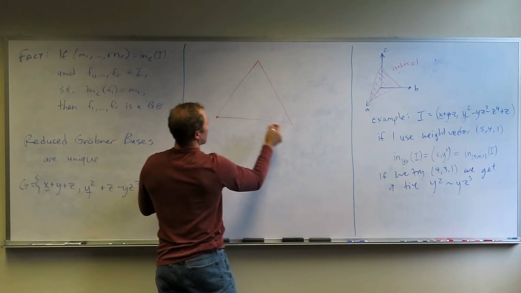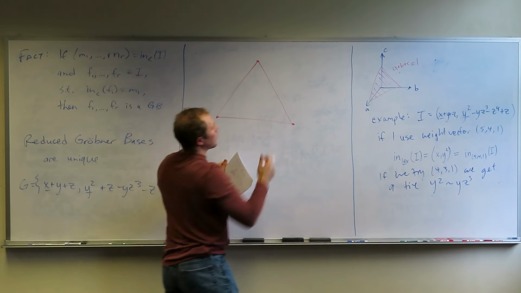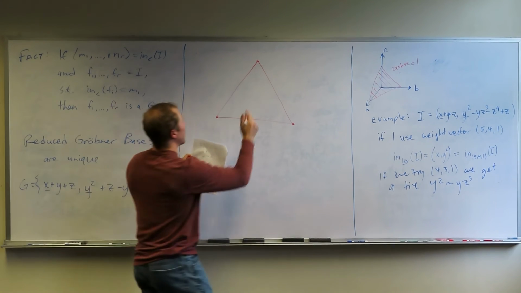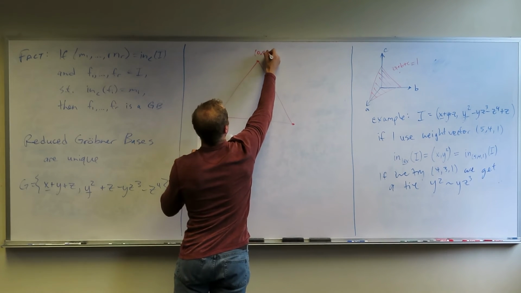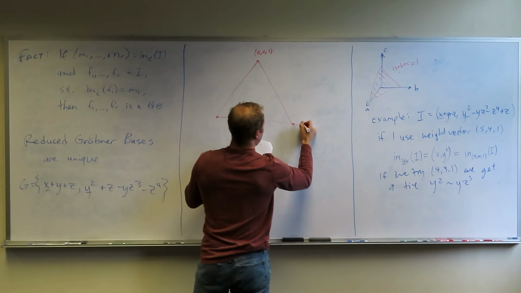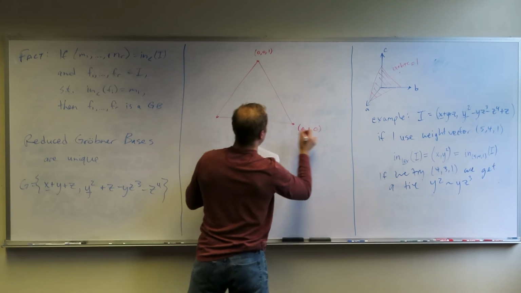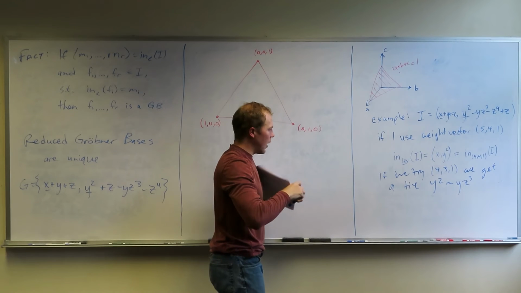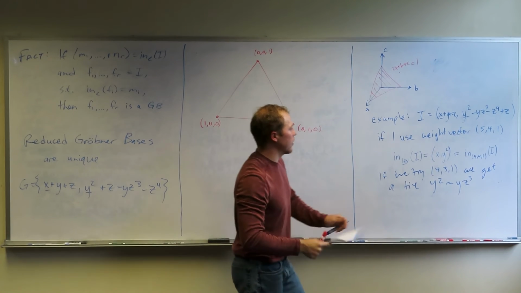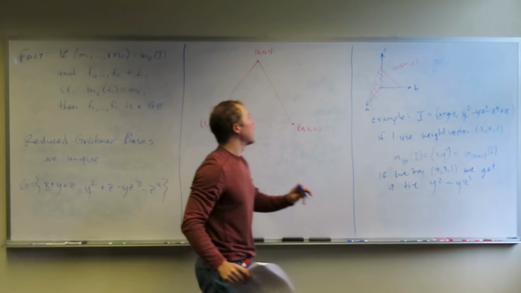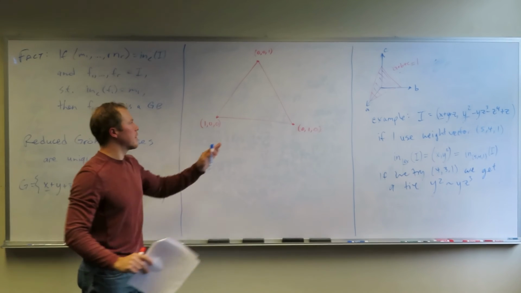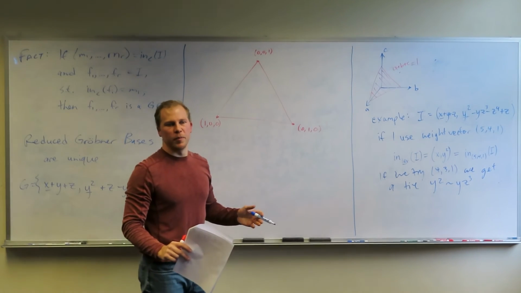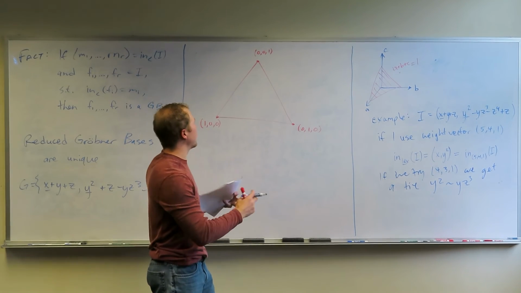Okay, so make sure we understand the picture first, so I can at least label these vertices 0, 0, 1, 0, 1, 0, and 1, 0, 0. And I'm going to consider the vector 5, 4, 1, it passes through this slice somewhere, and I'll just denote it that way.